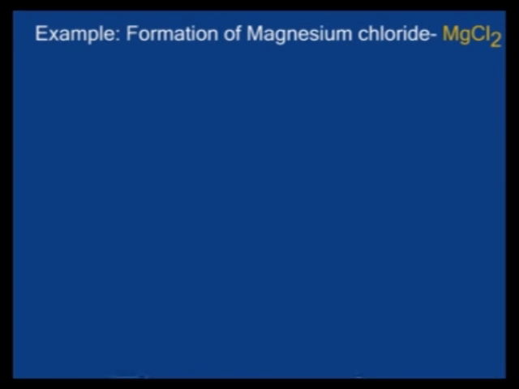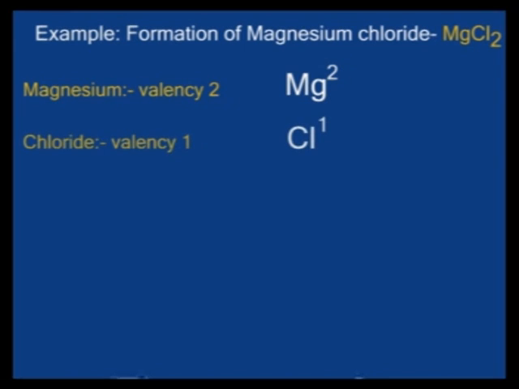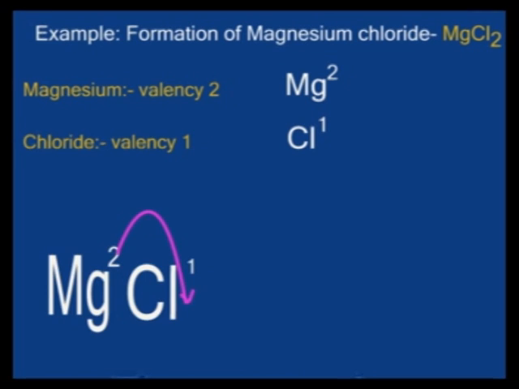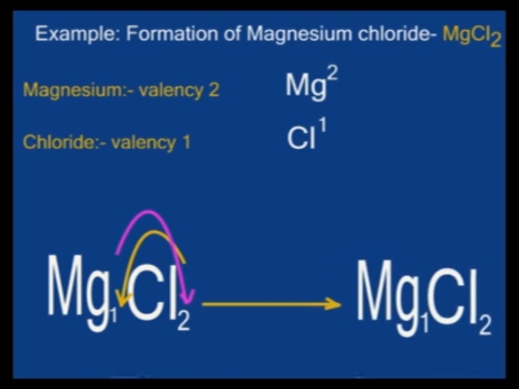So let's combine magnesium and chlorine. Magnesium has a valency of 2. Chlorine has a valency of 1. In writing the chemical formula, the valencies are interchanged and then written as subscript after the symbol of each element.